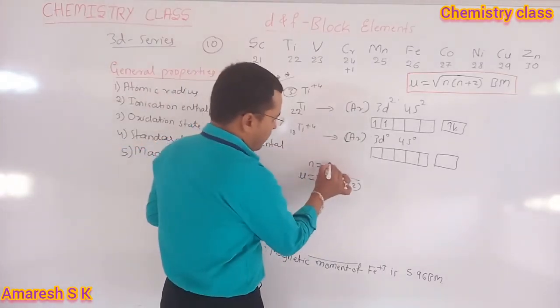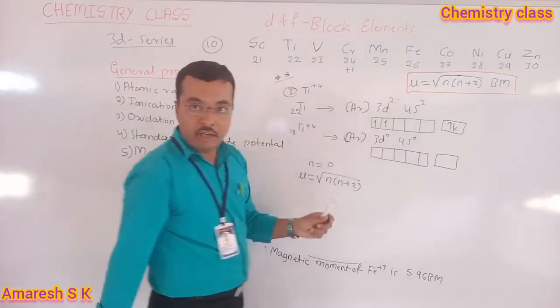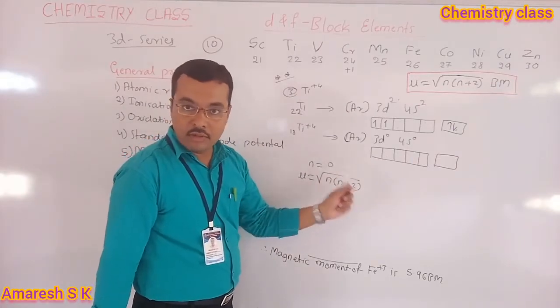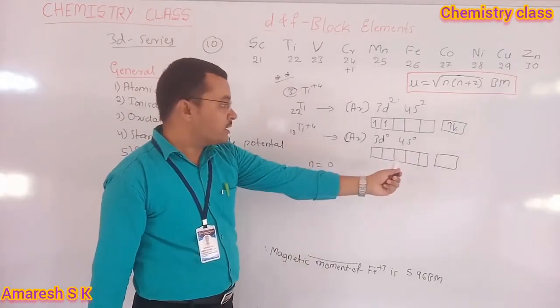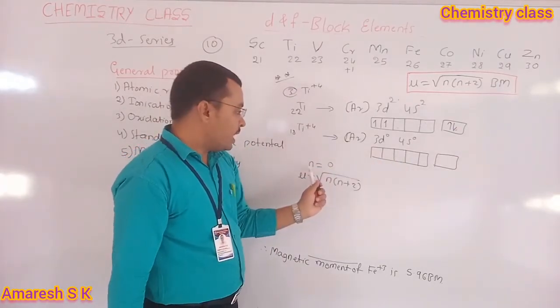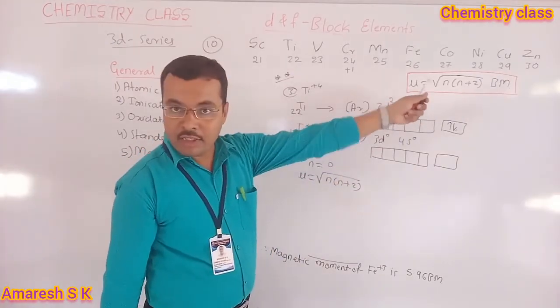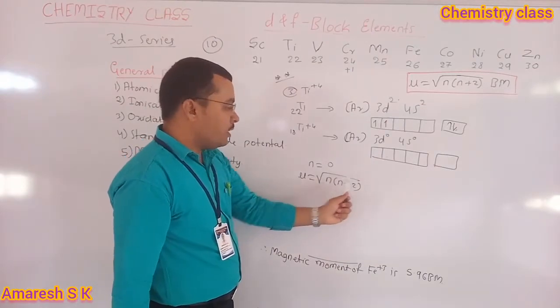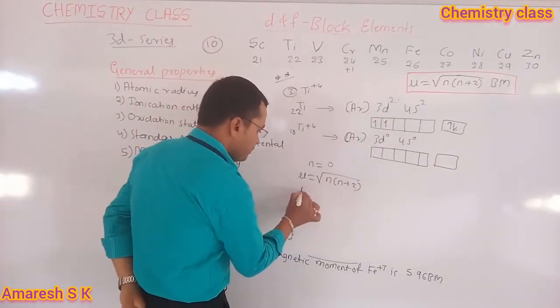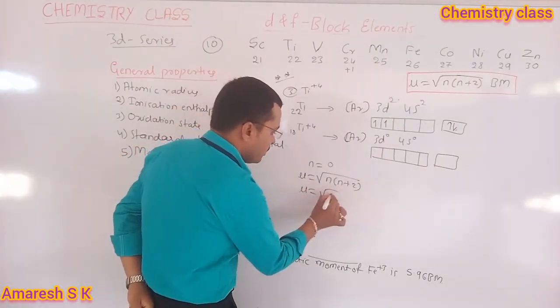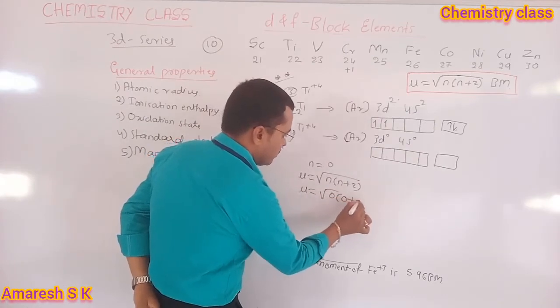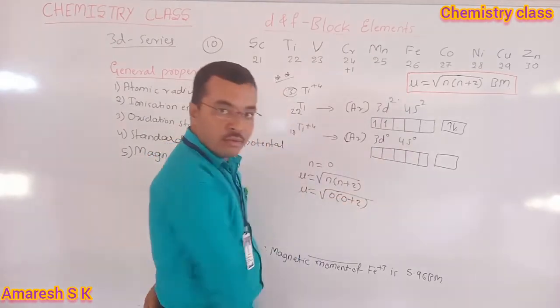Then the value of n is equal to 0. It means the number of valence electrons is 0. Then n is equal to 0. Substitute this value in the above equation. Mu is equal to square root of n into n plus 2. Mu is equal to 0 into 0 plus 2.